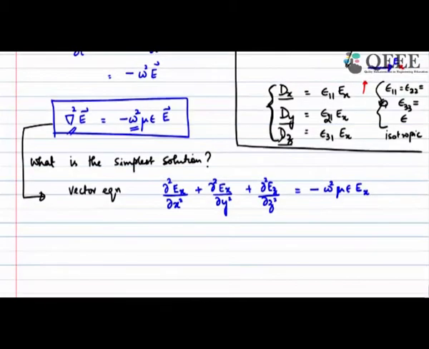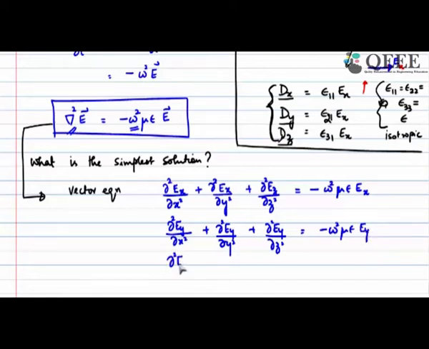What are the components of the vector equation? This is the x component. Similarly, I have the y component, del square Ey by del x square plus del square Ey by del y square plus del square Ey by del z square equal to minus omega square mu epsilon Ey, and del square Ez by del x square plus del square Ez by del y square plus del square Ez by del z square equal to minus omega square mu epsilon Ez.